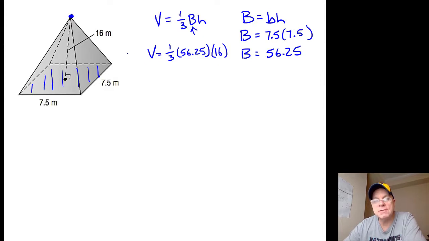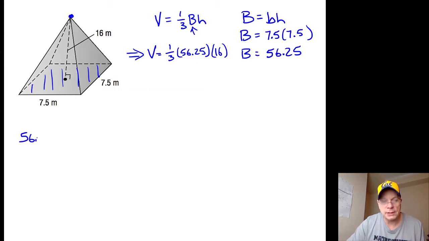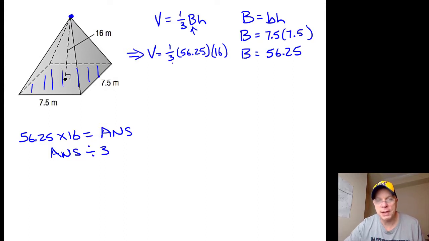But once you've written the formula and substituted into the formula, it's fine to use a calculator at this point. And let me show you on the bottom what I would do on the calculator. I would do 56.25 times 16 equals, then I get my answer, and then I take my answer and divide it by 3, because multiplying by 1/3 is the same as dividing by 3.